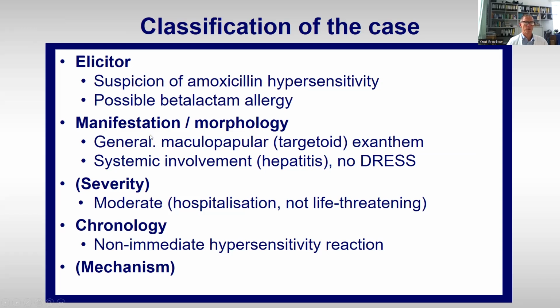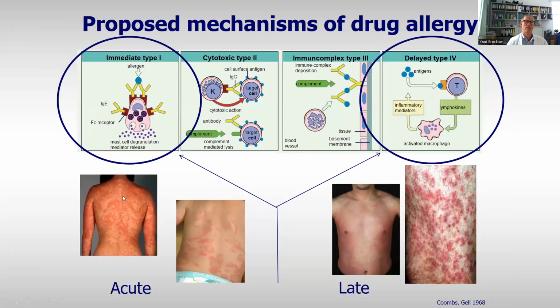You have a generalized or disseminated maculopapular targeted exanthem with little systemic involvement, not classifying for DRESS. You had moderate severity, and you have a chronology of non-immediate hypersensitivity reaction. The mechanism is something which you don't know at the moment in this patient. You need first to do tests.